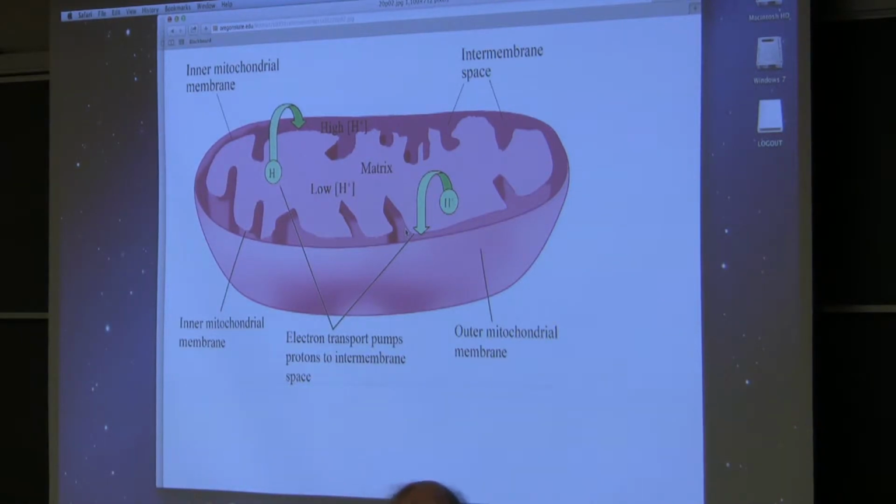The more surface area we have, the more things we can put into it. Because everything we'll be talking about with respect to electron transport and also with respect to oxidative phosphorylation, all of these components are embedded in the mitochondrial inner membrane. So these cristae allow the cell to have more surface area to incorporate more of these things.